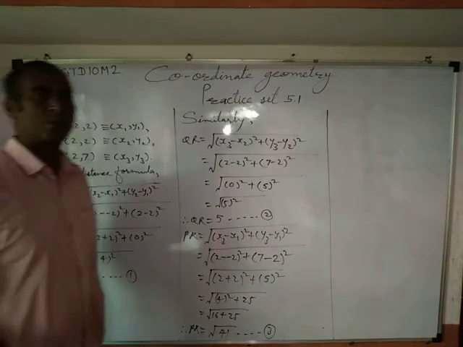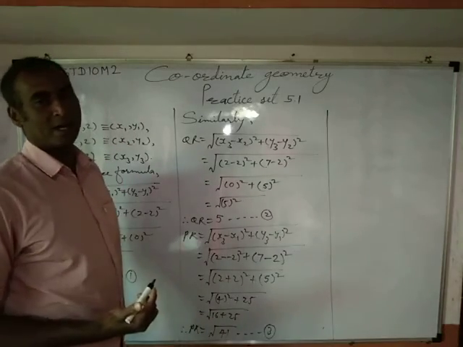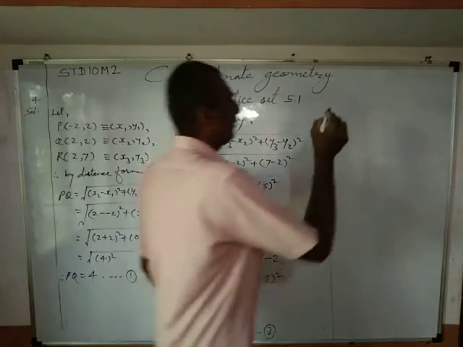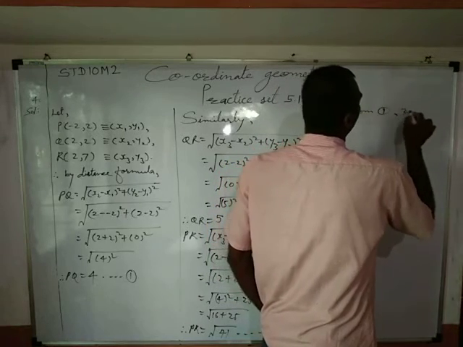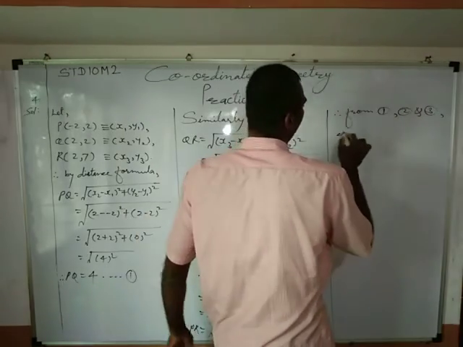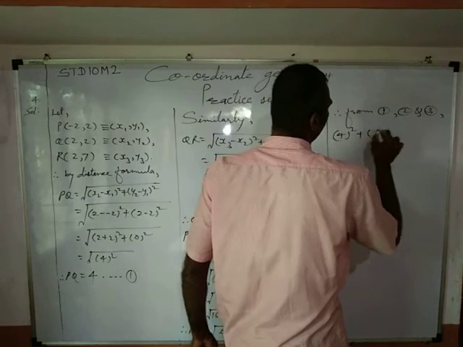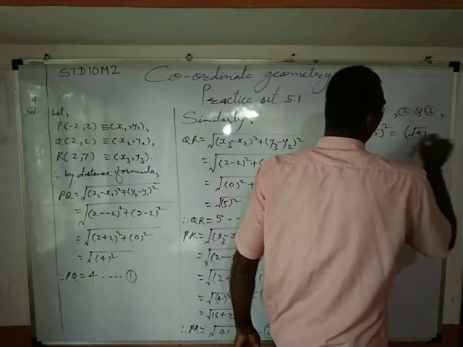Therefore, by converse of Pythagoras theorem, we may declare these are the vertices of a right angled triangle.